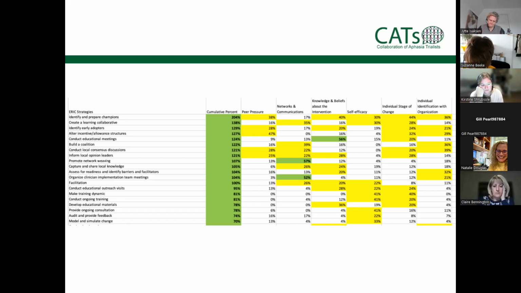So I inputted those barriers, and I know it's a little bit hard to see, but some key implementation strategies that pop out are the important nature of identifying and preparing a champion.